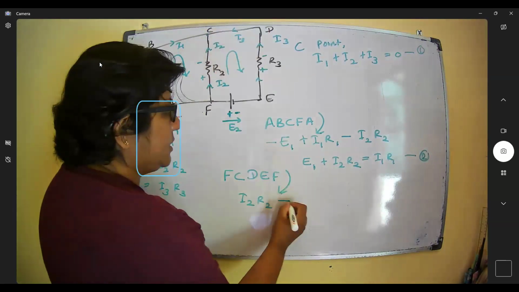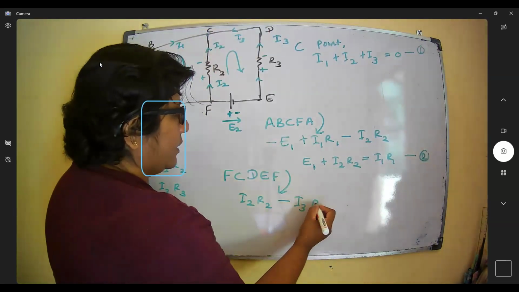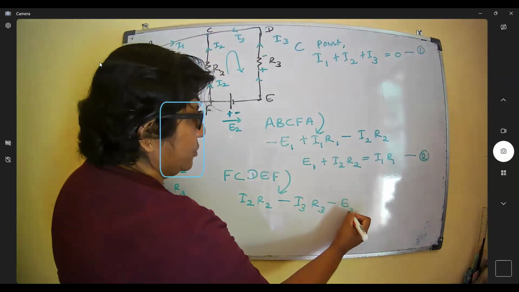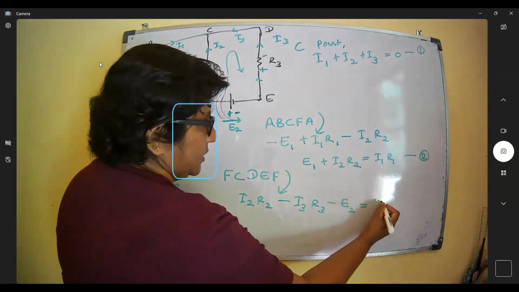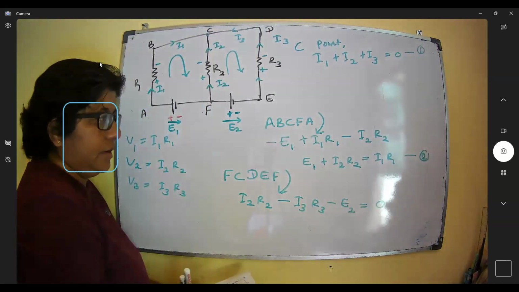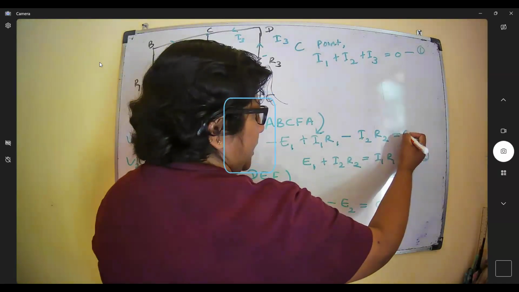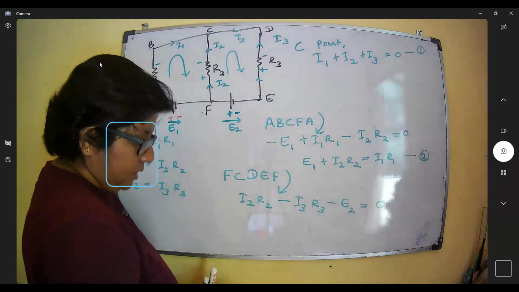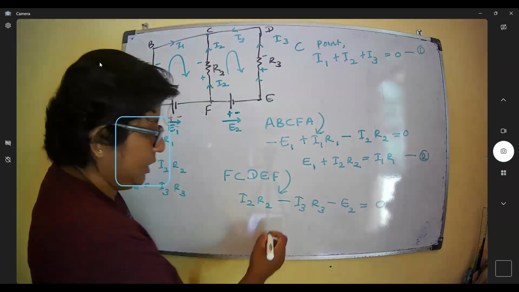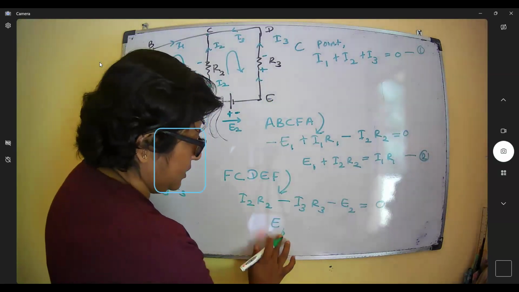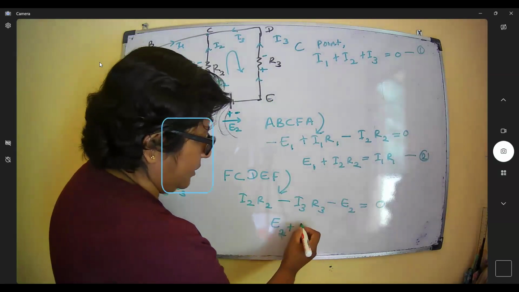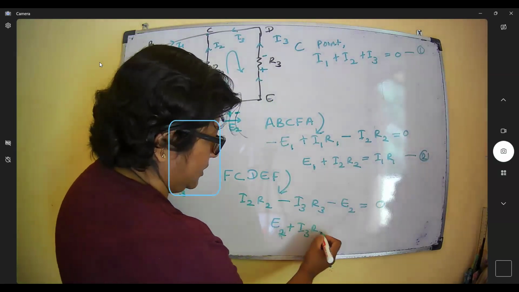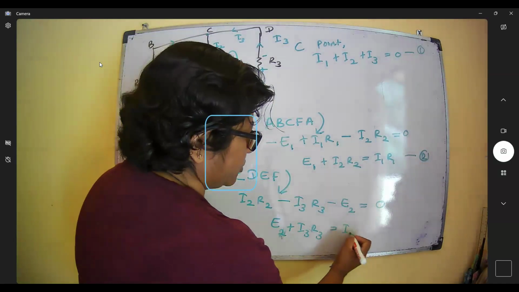But the other one is negative, I3 R3 and minus E2. This is equal to 0 in the second one. Then again we can rearrange the equation: E2 plus I3 R3 is equal to I2 R2.